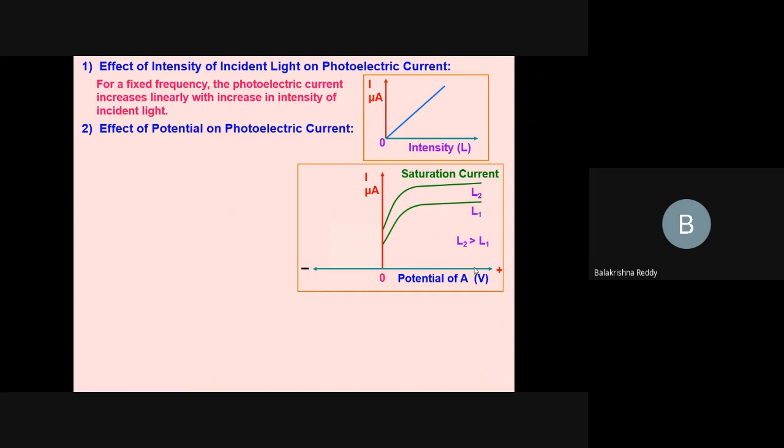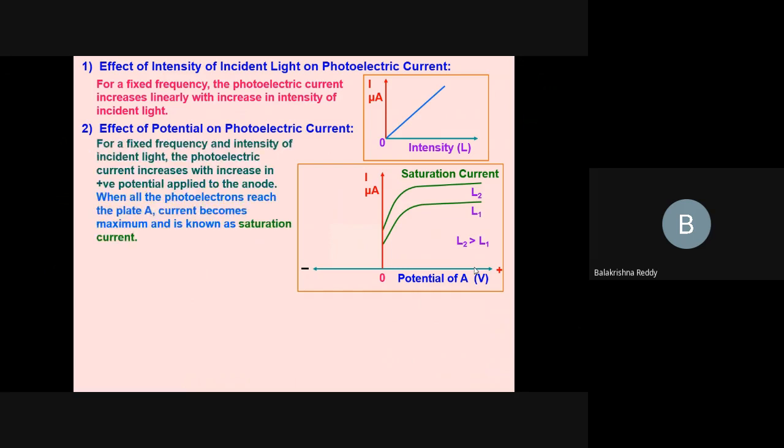That is a saturation point for the constant intensity of incident light as well as for the fixed frequency. The photocurrent reaches the saturation point though you increase the anode potential further.